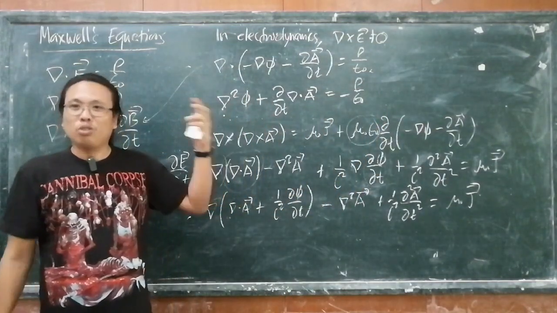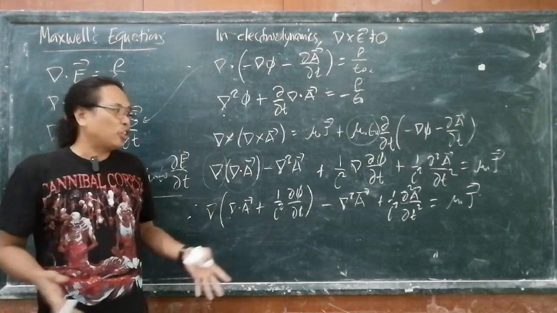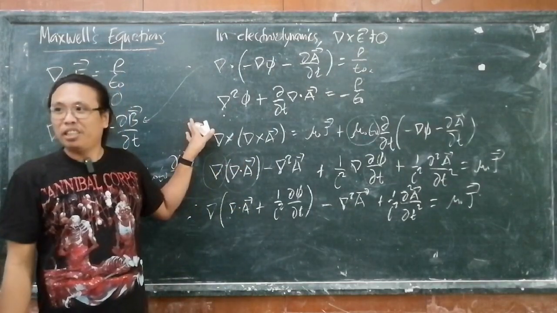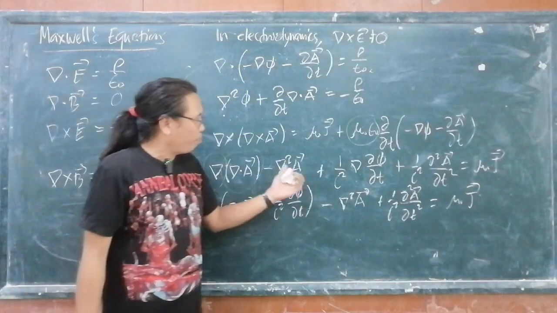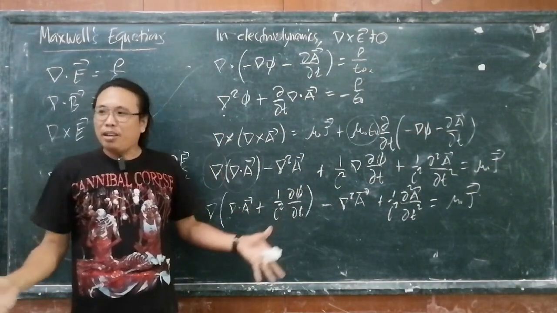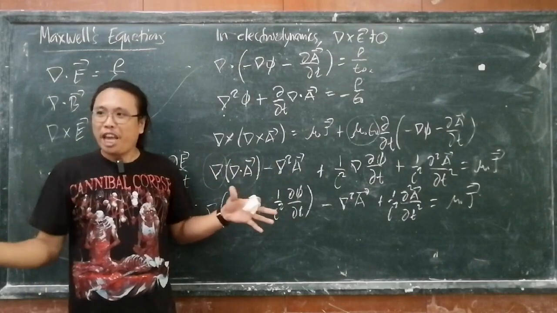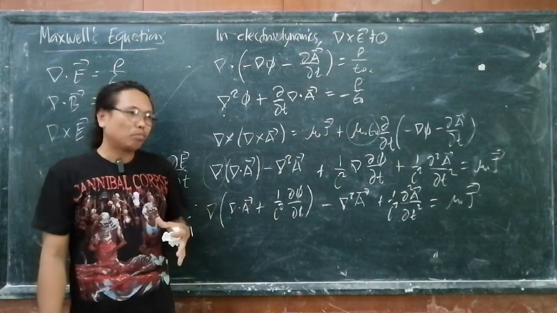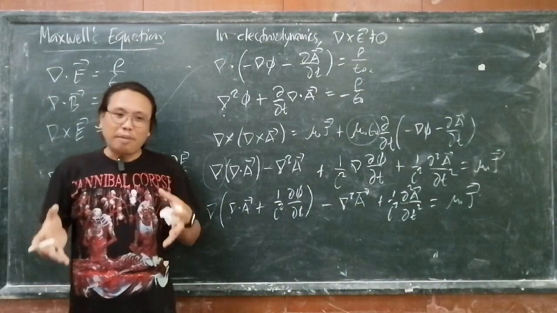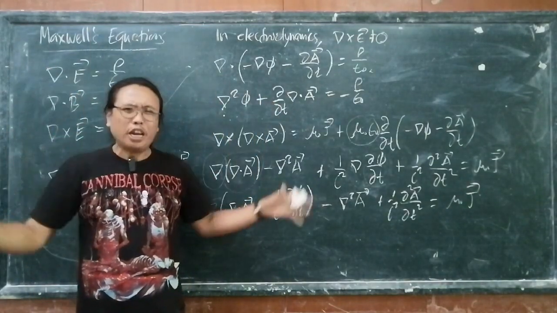In the aim to simplify the problem. The thing about that is that we have gauge freedom here. For any given configuration of B, you can actually have multiple A's that will lead to that B. So I can actually choose some A. Well, you have this A, you have this A, and you have this A. You can have many A's.